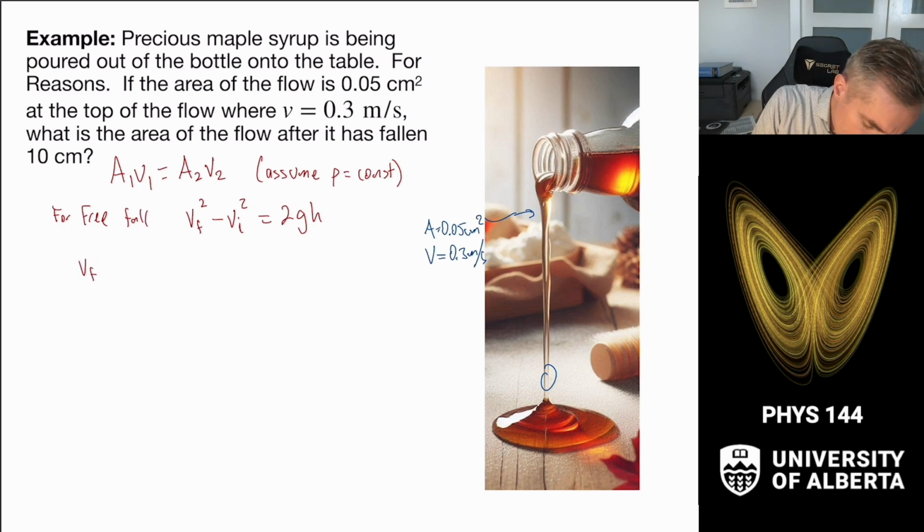So I know that Vf squared is going to be Vi squared plus 2gh.